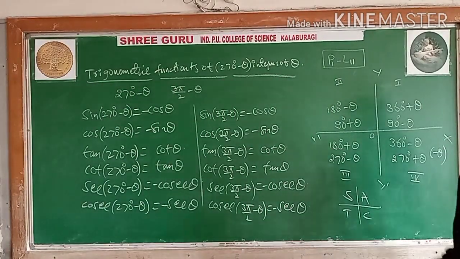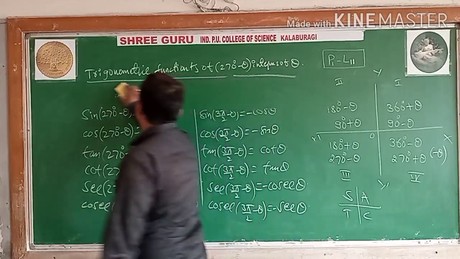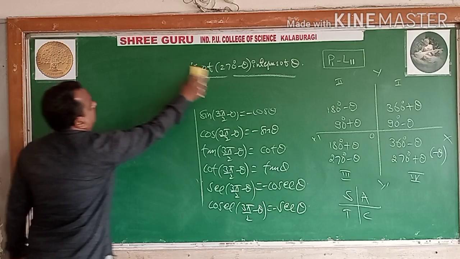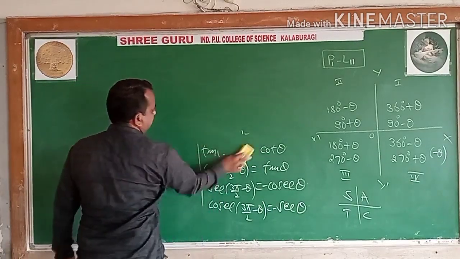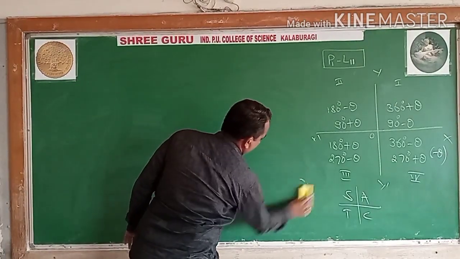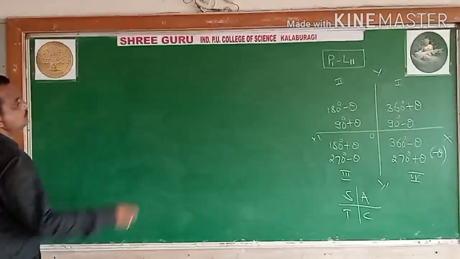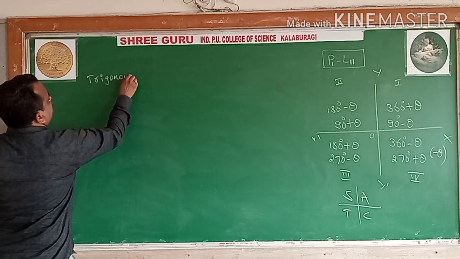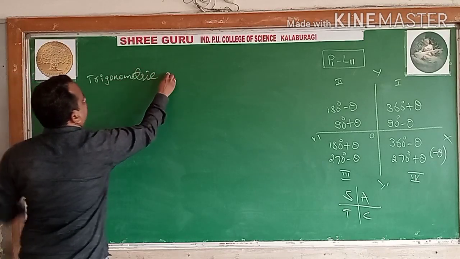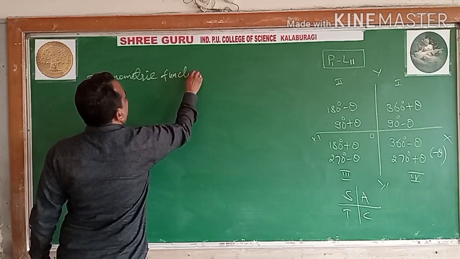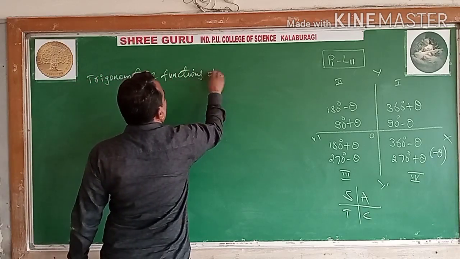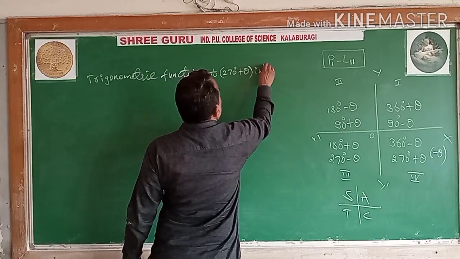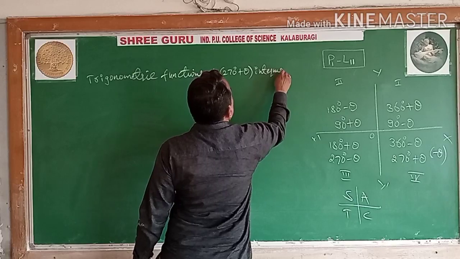Now next come to 270 plus theta. Trigonometric functions of 270 degree plus theta in terms of theta.